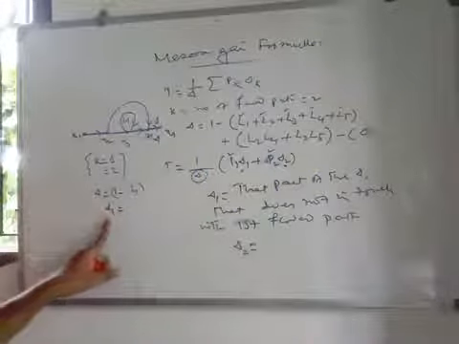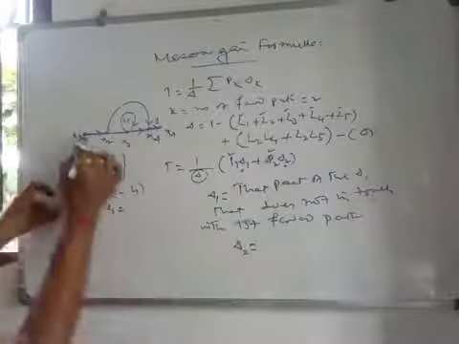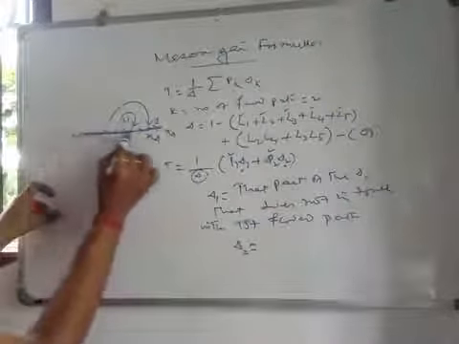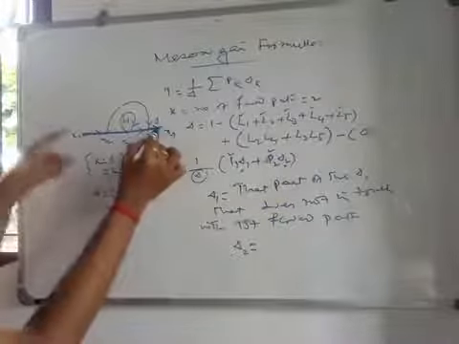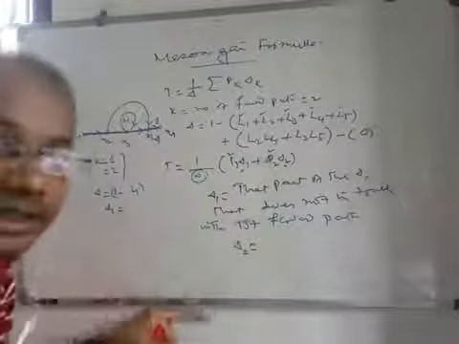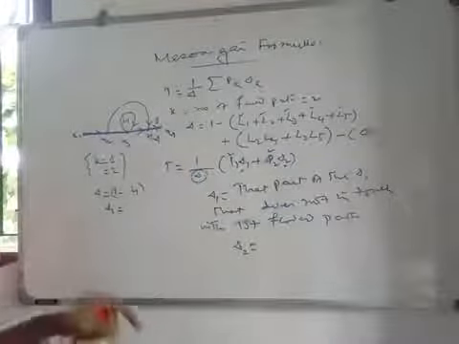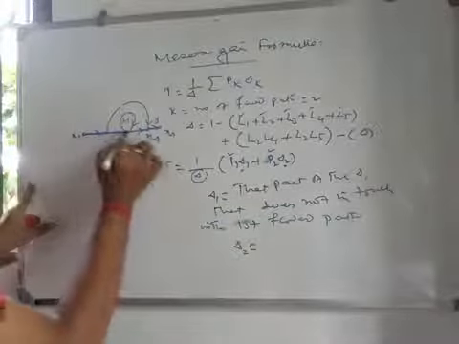So when you consider this delta 1, you have to consider the first forward path, right? So what is the first forward path? The first forward path is this, right? You check whether this forward path is in touch with any loop or not. So this first forward path is in touch with L1.